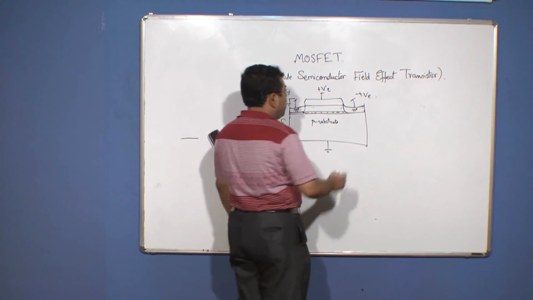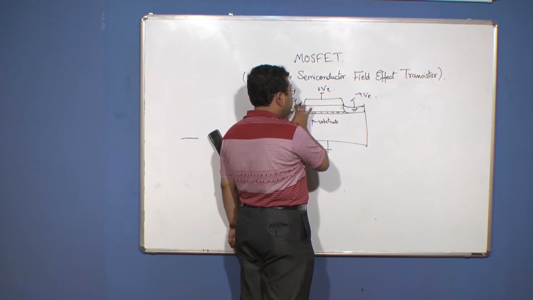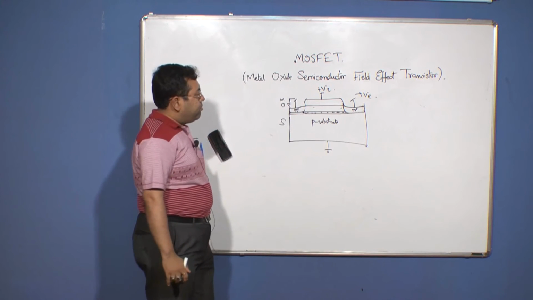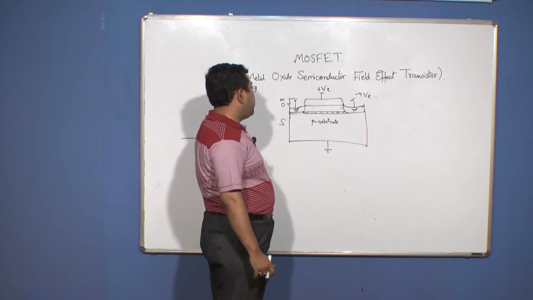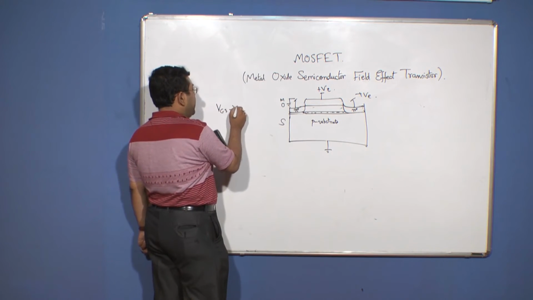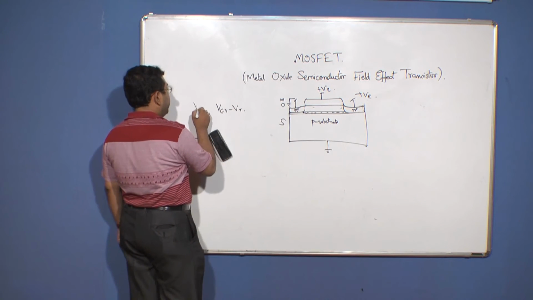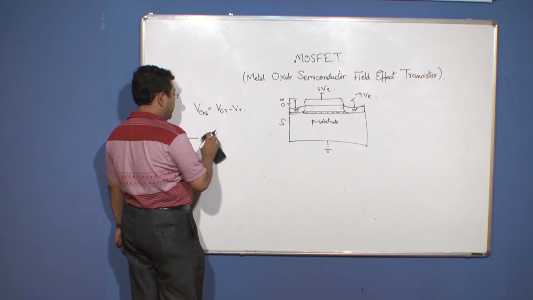So, now when you maintain a positive potential at the drain with respect to the source, the electrons are basically drifted towards the drain. Now, if you consider the potential drop across the channel at the source end, you are basically having a potential drop of VGS minus VT across the channel.